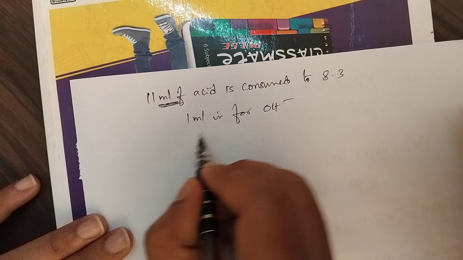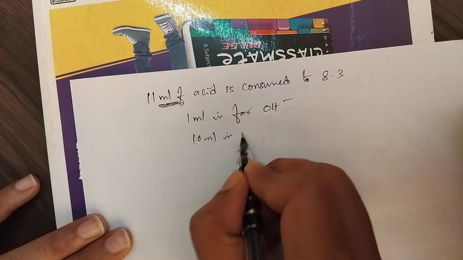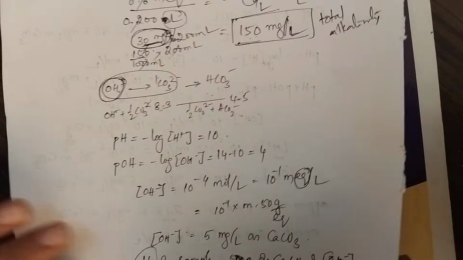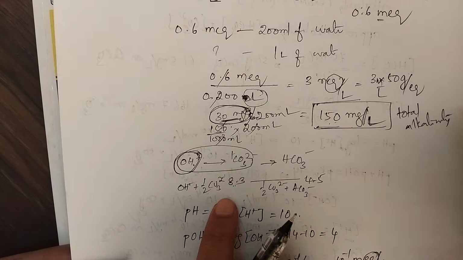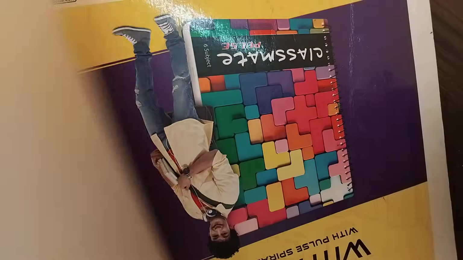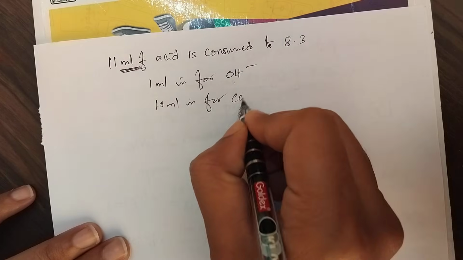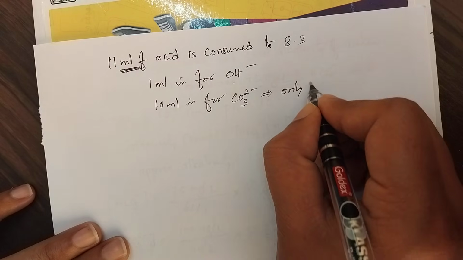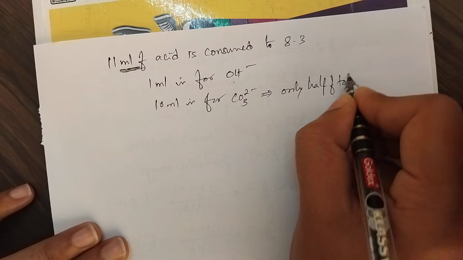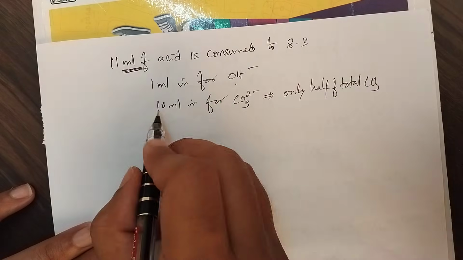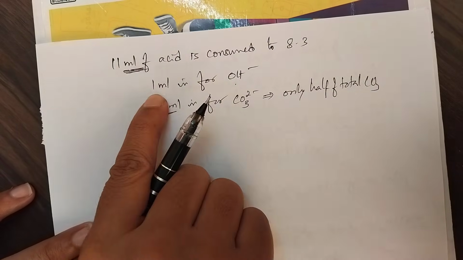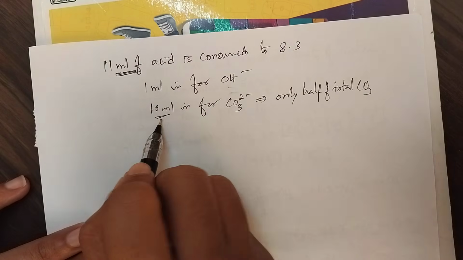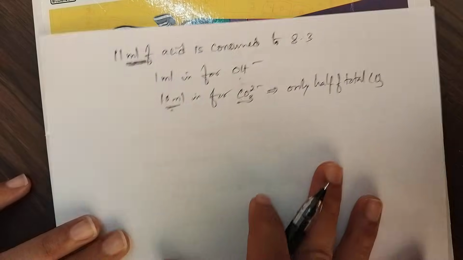So the remaining 10 ml is used for half of the CO3 2 minus ion, but this is only half of total CO3 2 minus.